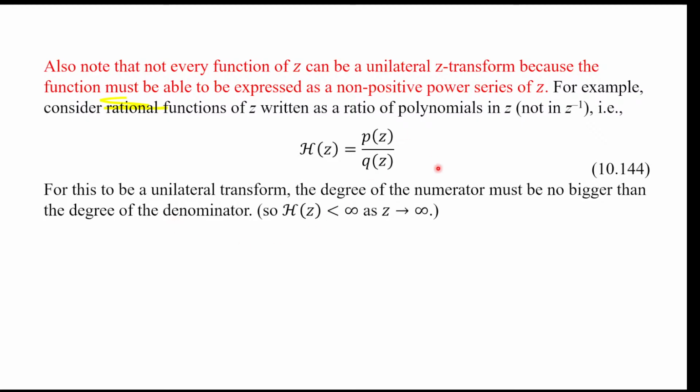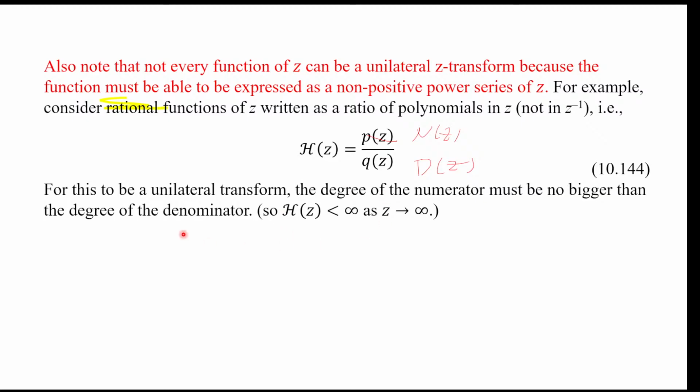I guess I should write the N and the D here: numerator of z and denominator of z. The reason is that H of z basically corresponds to x of n that is causal. We know that if x of n is causal, then H of z needs to be finite as z goes to infinity.